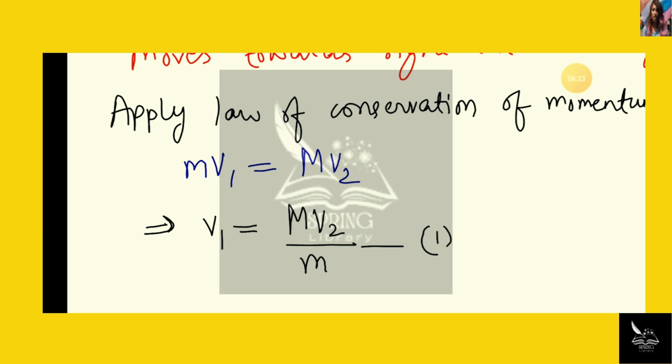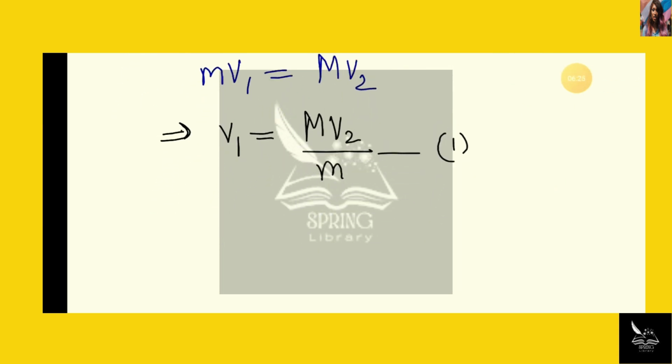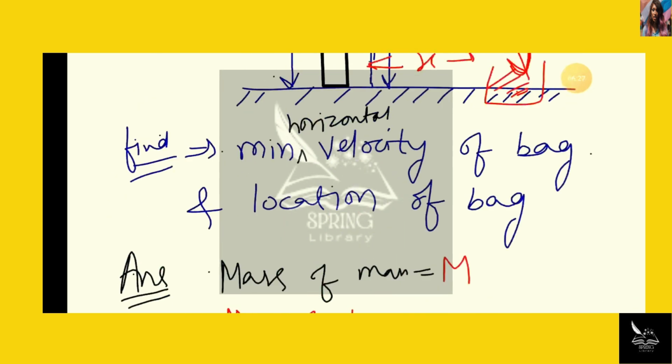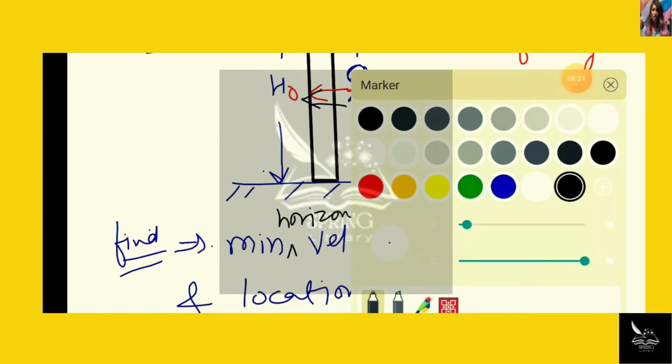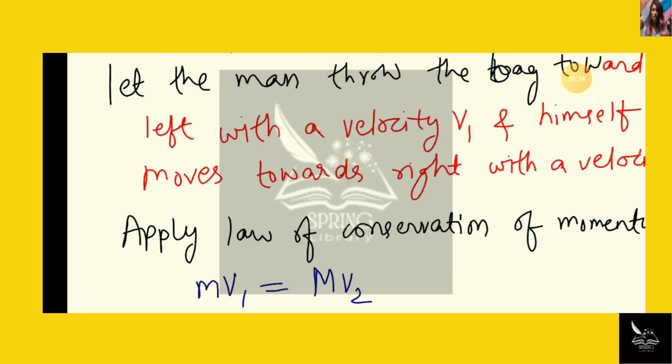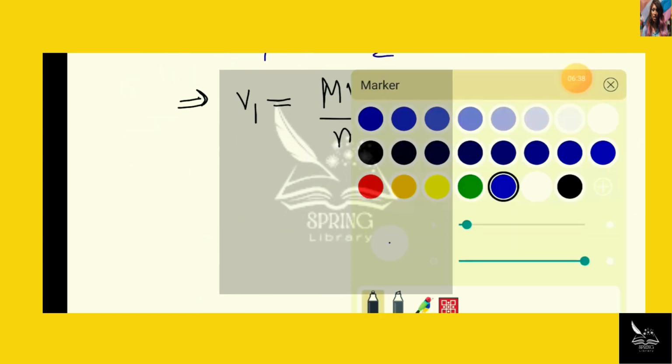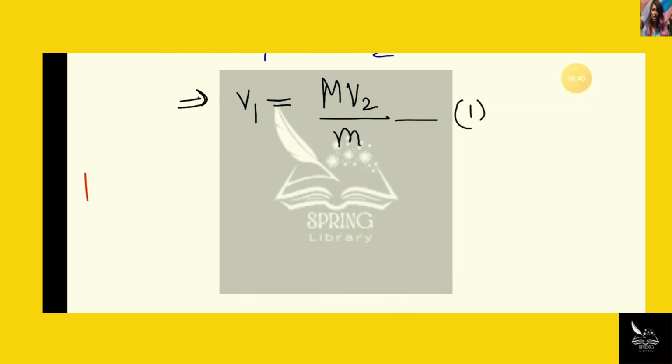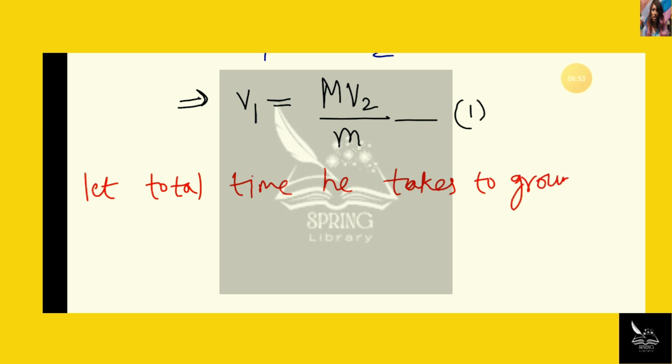Now the next step is to find the time to cover this small h height distance. For finding this, let's assume the total time it takes to reach the ground is t1.